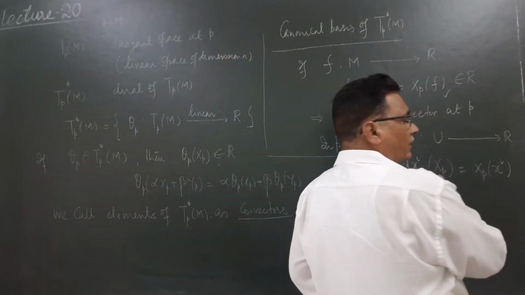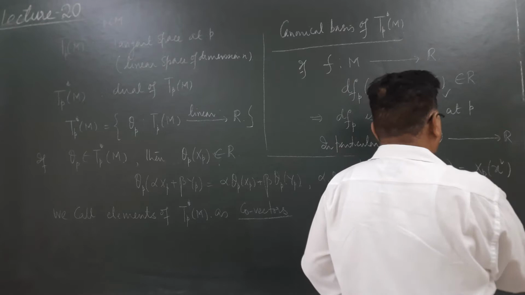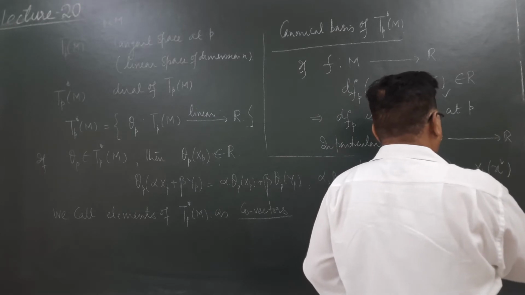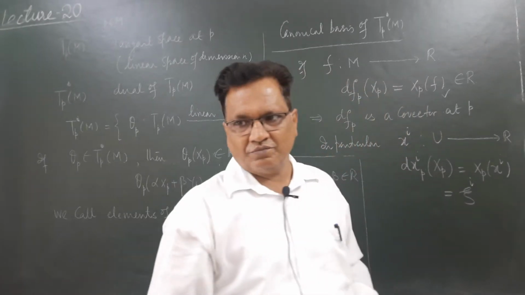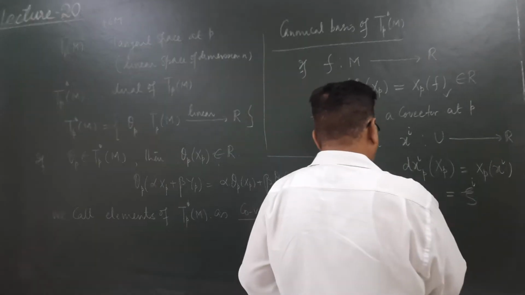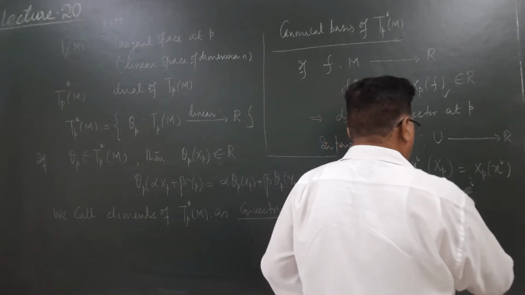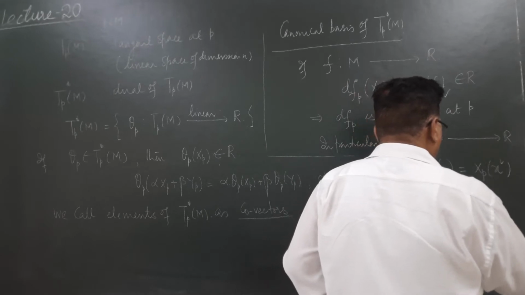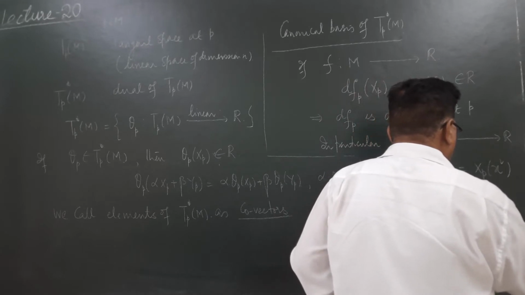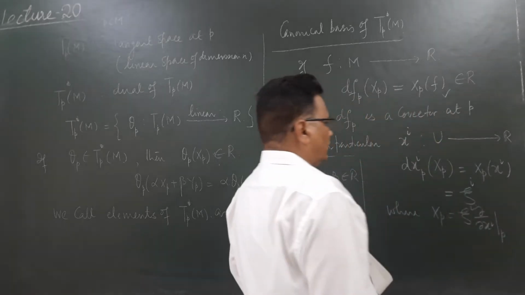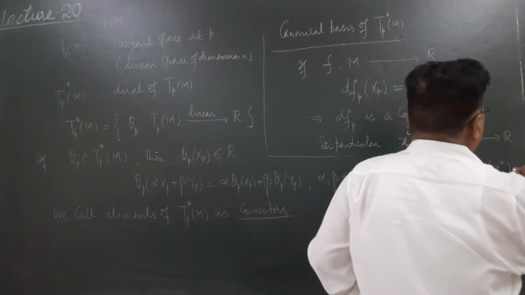If you know the local expression of X_P, this X_P x^i are precisely the components xi^i, where X_P is xi^i into del upon del x^i at P. So this quantity is in fact xi^i.